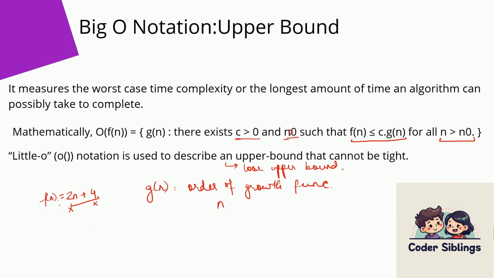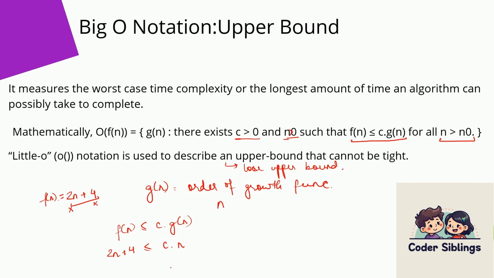So, replacing the values of f of n and g of n in our given condition, f of n is less than or equal to c times g of n. Here 2n plus 4 is less than or equal to c times n, right?